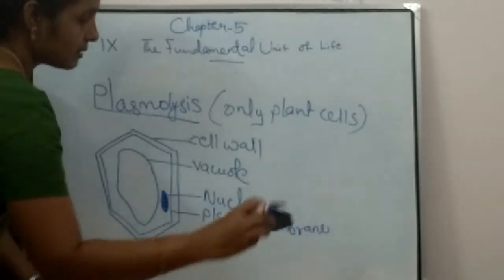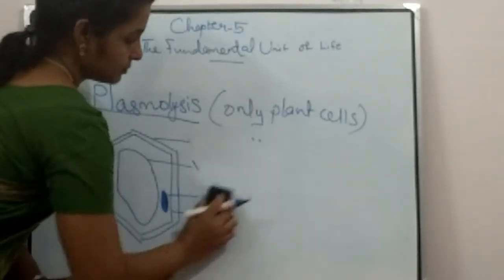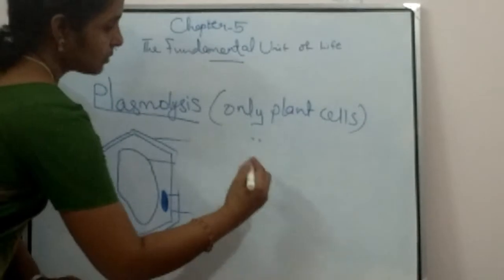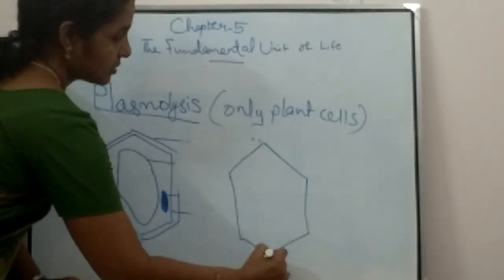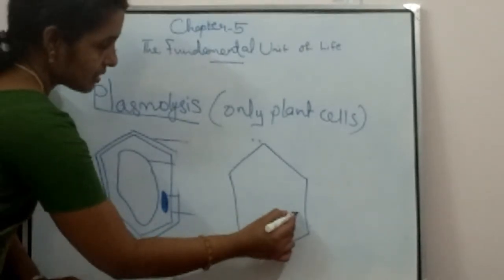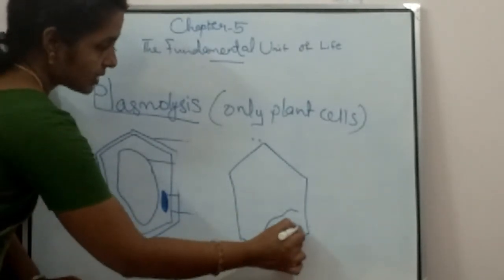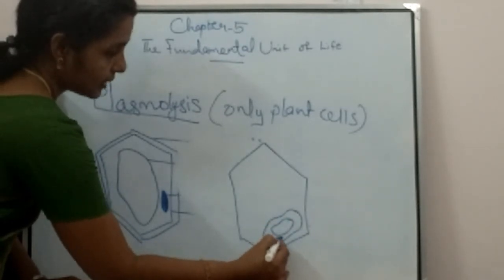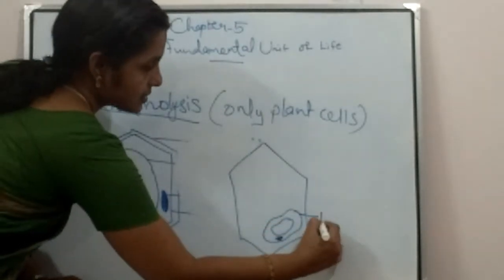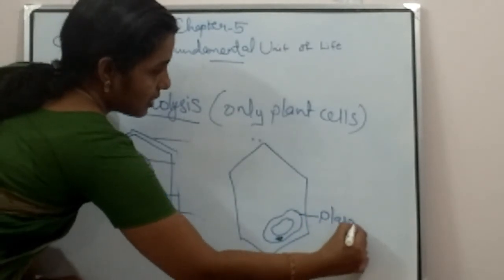Now the cell becomes like this, that is, all the contents shrink away from the cell wall. Now here is the plasma membrane, here is the vacuole, and here is the nucleus.